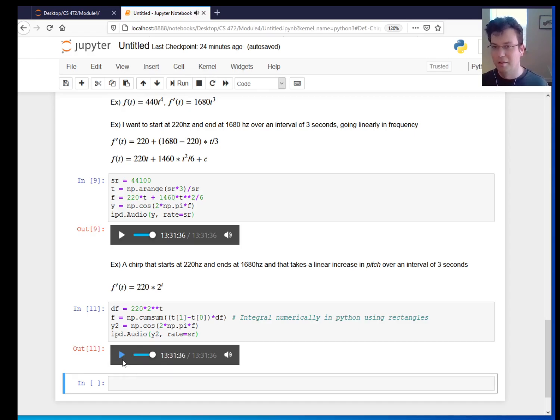You hear this moved at a different rate, but it ended in the same place. If you really pay attention to 1, 2, and 3 seconds, you'll hear you're at an octave at 1, at 2, and at 3. So cool, that actually worked.